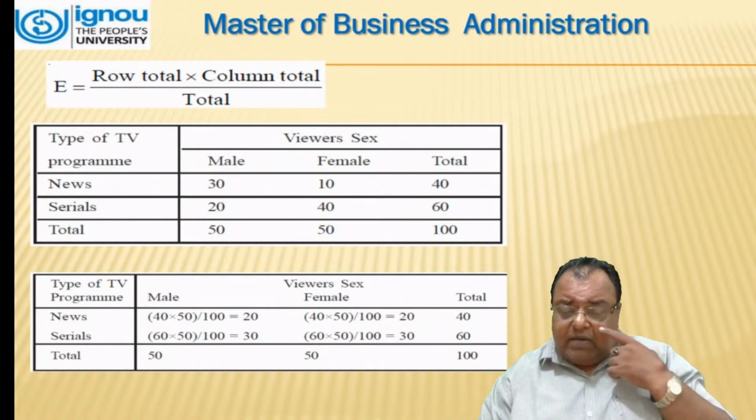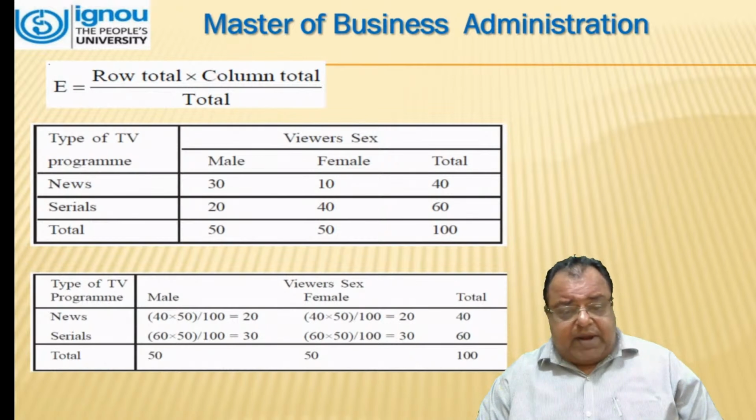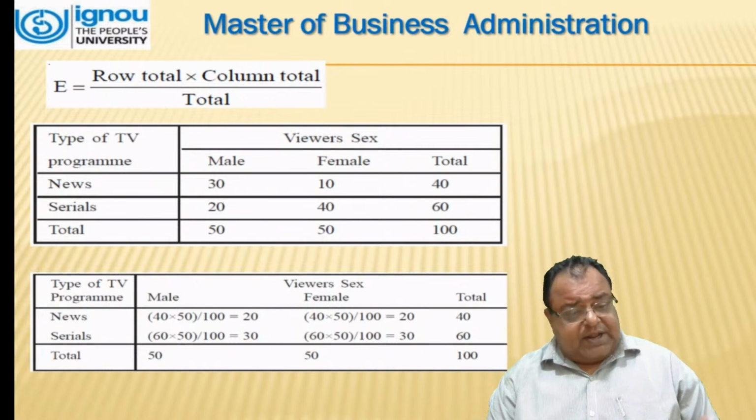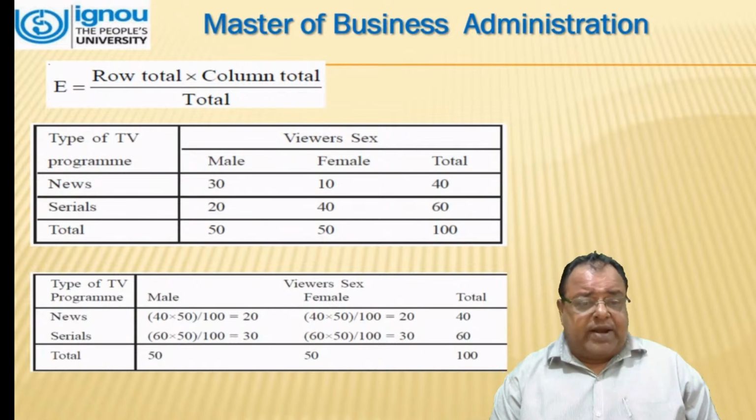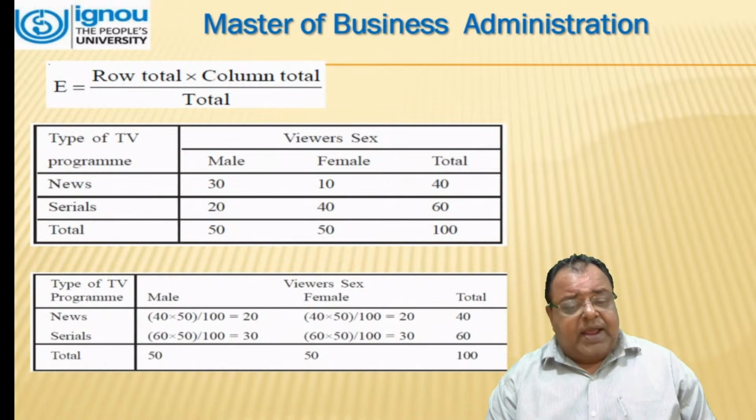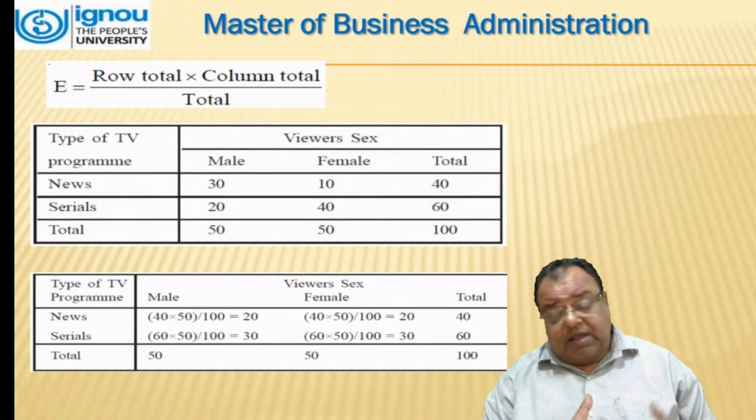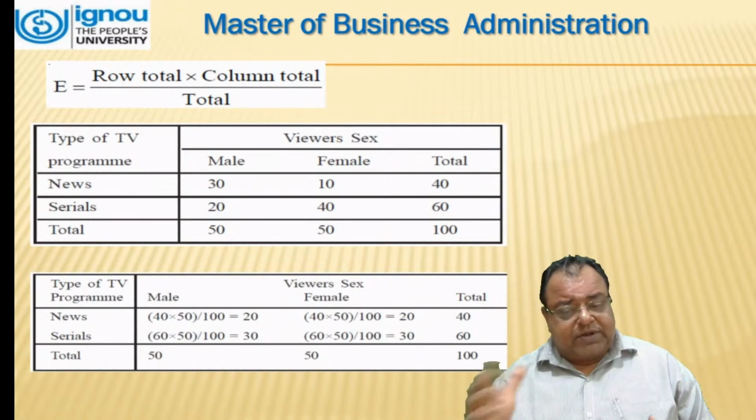And for female, 40 into 50 divided by 100, which is 20. Adding up, it becomes 40. Again, for serials, 60 into 50 divided by 100, which is 30. And for female, it is 60 into 50 divided by 100, that is 30. When we add up, we get 60. Total should remain 100.